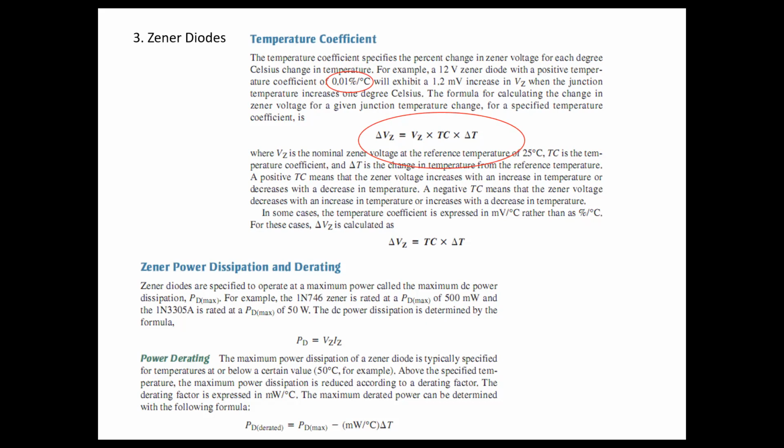For example, think of a Zener diode rated at 12 volts with a temperature coefficient of 0.001 percent per Celsius.